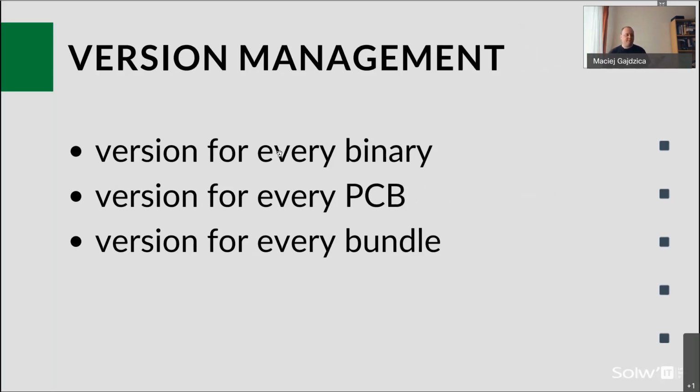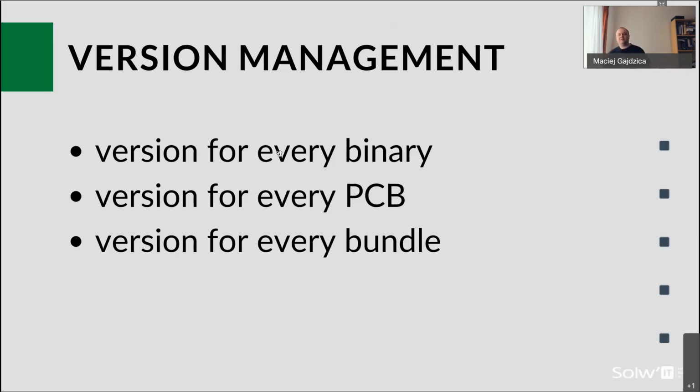And regarding some formal restrictions and documents, there is also another interesting area, version management. You probably know semantic versioning of our binaries, but here in safety critical devices, we must track the version of every binary that we are using in our device, of every hardware element of our device, and we must also track the bundle of all of this together to track the version of the whole device.